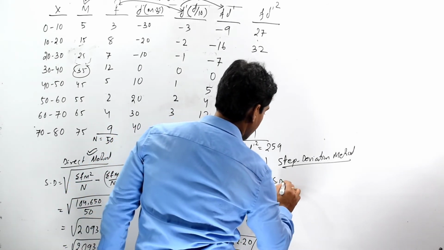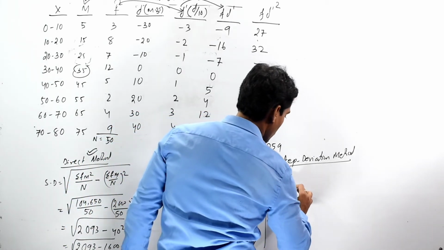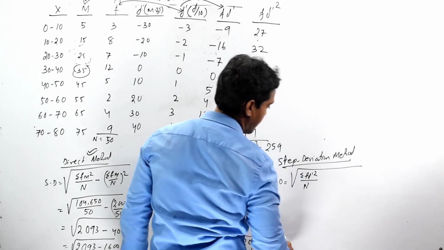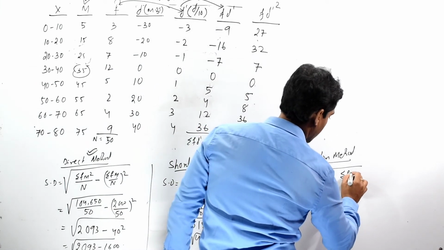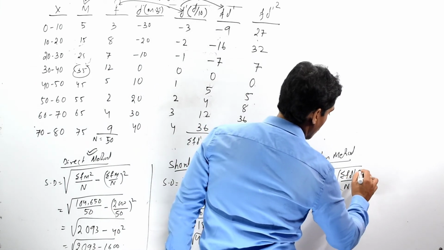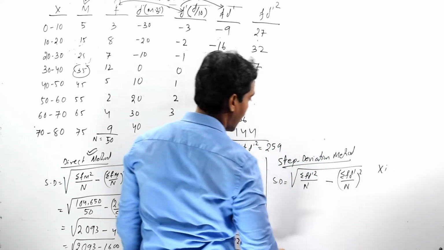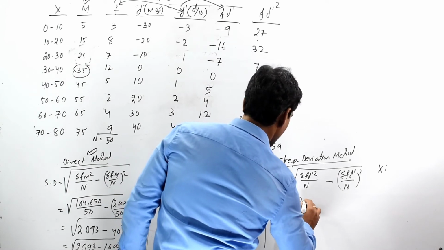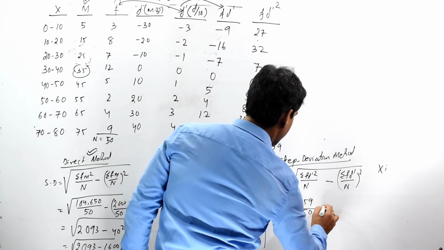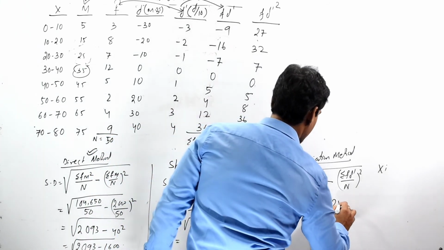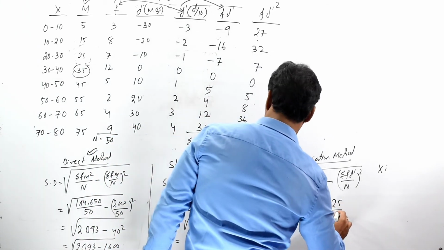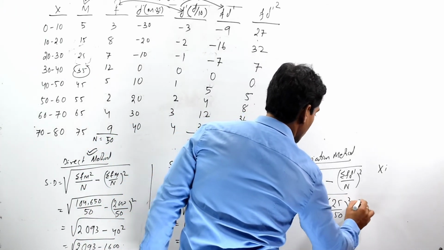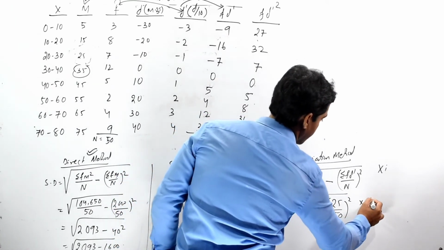So our rule is SD, or standard deviation, equals the whole root of summation fd dash square divided by n minus summation fd dash by n whole square, into i. So here summation fd dash square equals 259 divided by 50 minus 25 divided by 50 whole square, whole root over, into i, here 10.